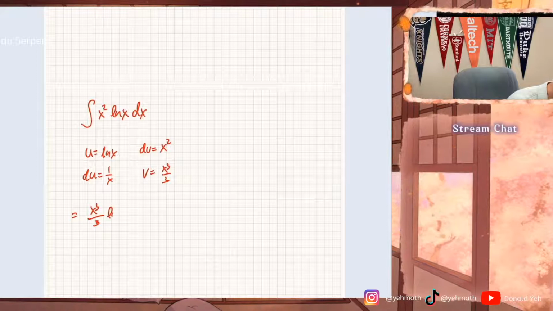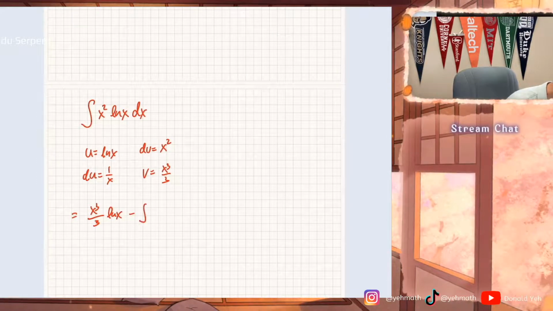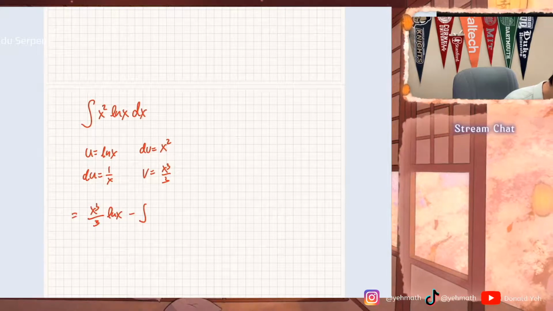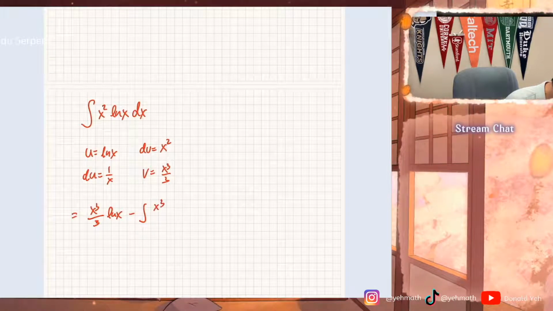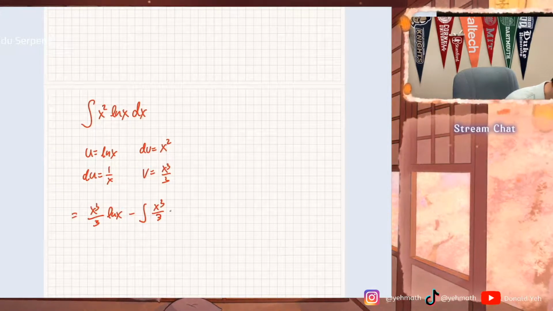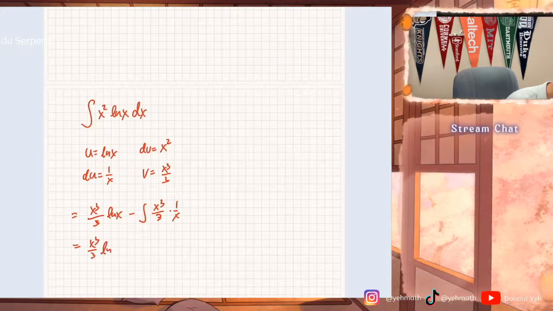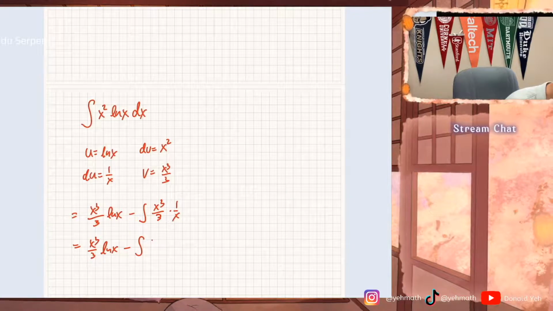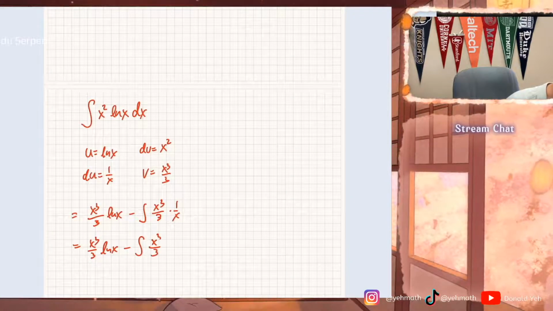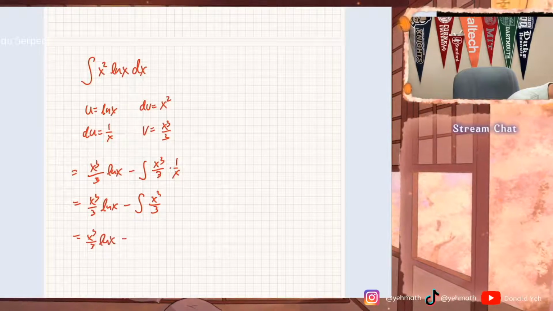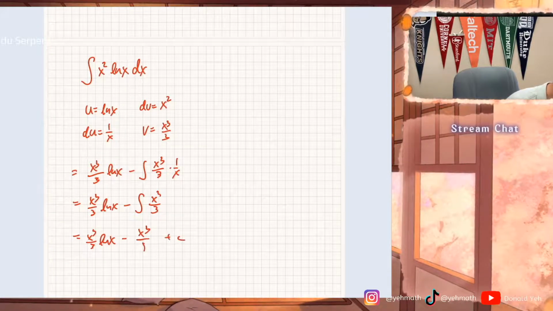Ln of x minus the integration of v du times 1 over x. So that's equal to x cubed over 3 natural log of x minus the integration of x squared over 3, which is equal to x cubed over 3 natural log of x minus x cubed over 9 plus c.